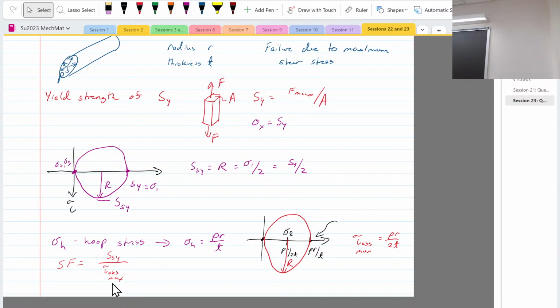And then PR over 2T equals that, so we have P and R. We'll solve that to figure out what T we would need. And treat the radius as internal.